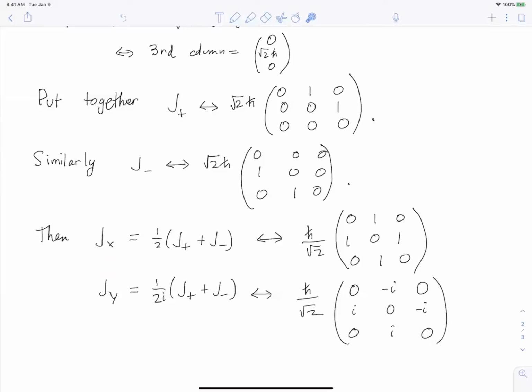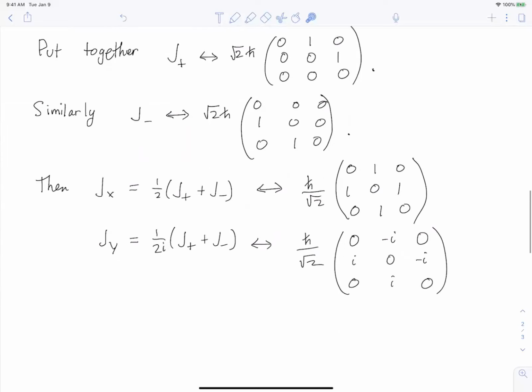So we've basically worked out everything there is to know about how the j operators act as matrices on the j equals 1 states, if in fact there are j equals 1 states. But again, whether there are j equals 1 states or what their role is depends on the physical situation. But the nice thing about all of these is that you can work it out once, and then the answers don't depend on what the physical system is.